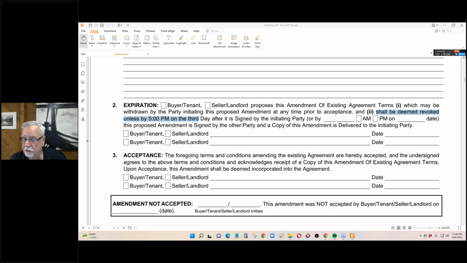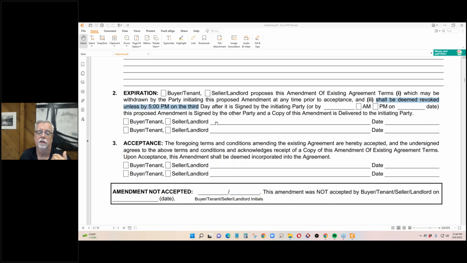But notice all of these are things that could be withdrawn up until the point in which they've been accepted and the acceptance has been communicated back. They can be revoked, withdrawn, and you can put a time period on it. So we don't end up with 5 or 6. I mean, we might end up with more than one of these, but they self-destruct rather than just stay there and fester on and on.